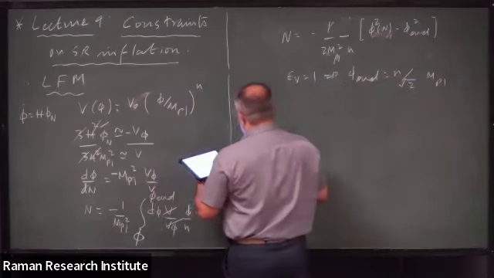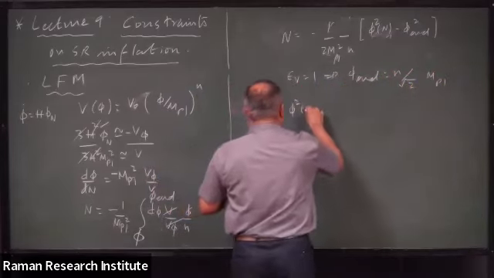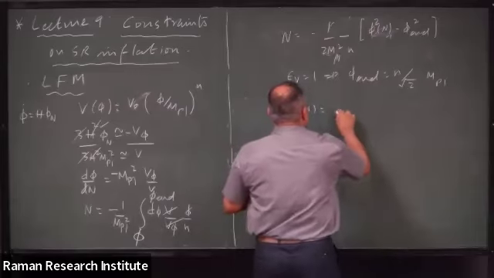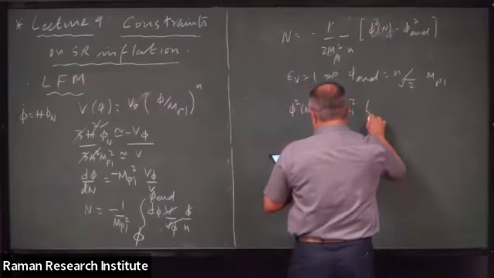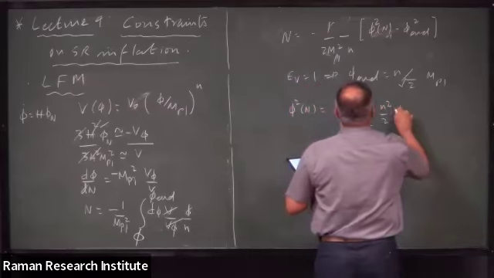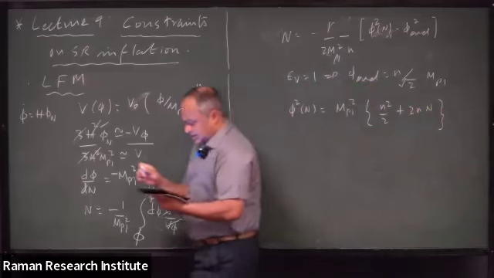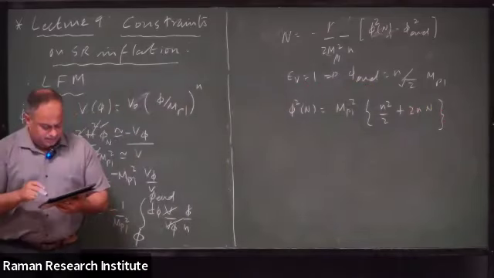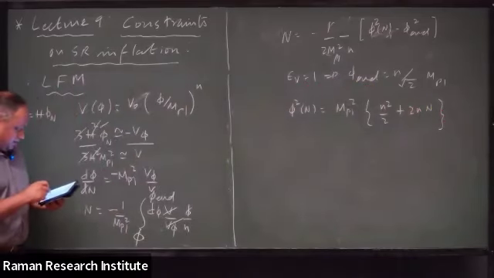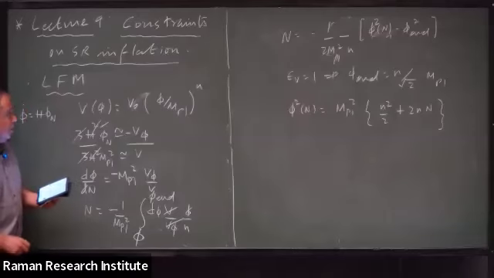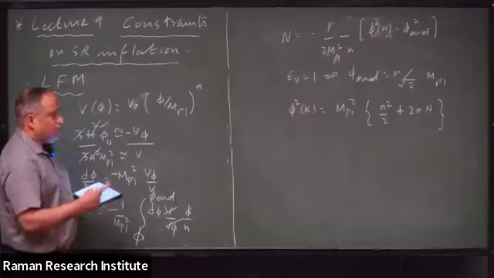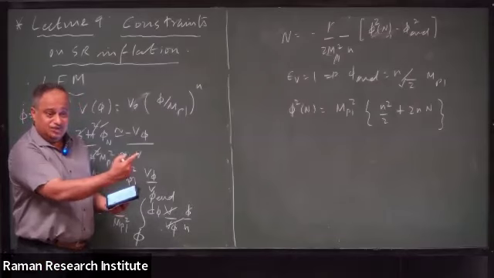So what do you have? You can write phi squared N as mpl squared into (n squared by 2 plus 2nN). Okay, all right? Now you can ask, you're counting N from the end of inflation.